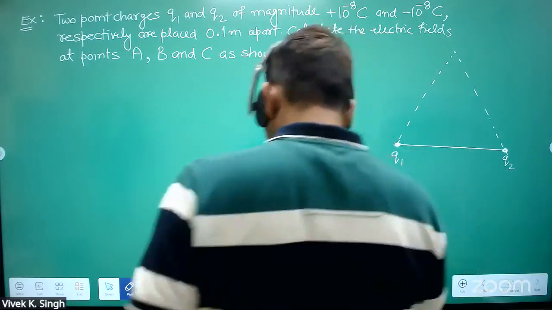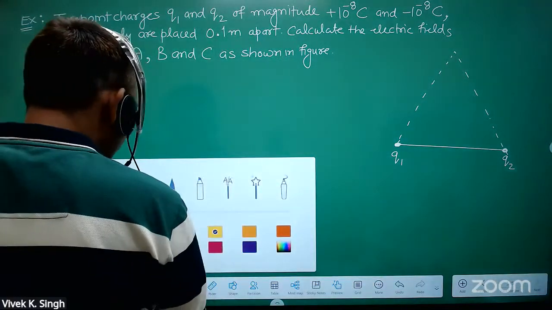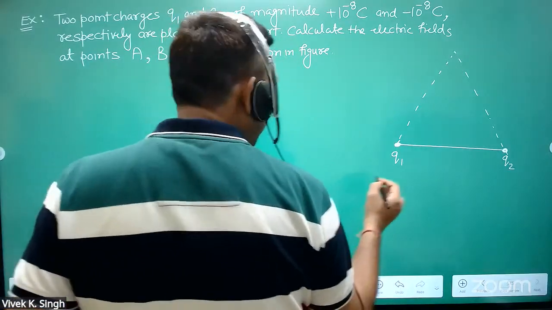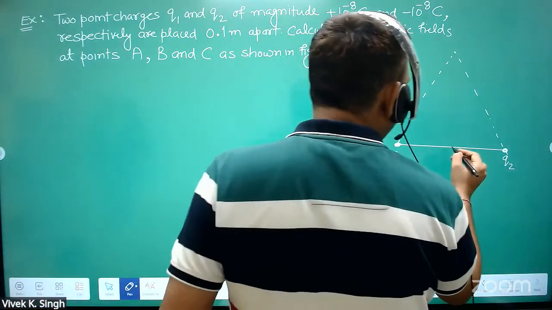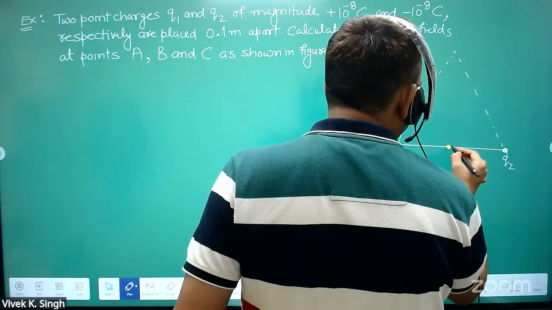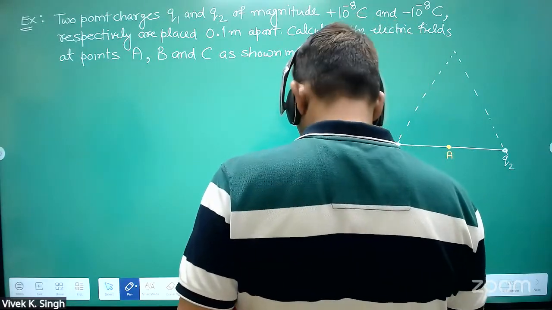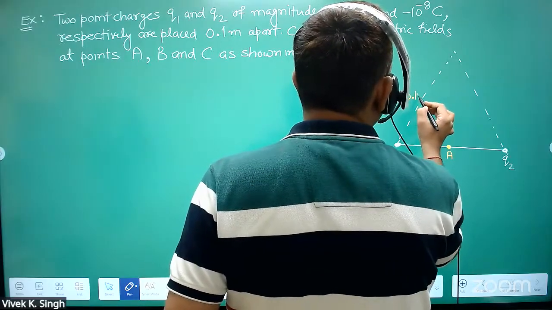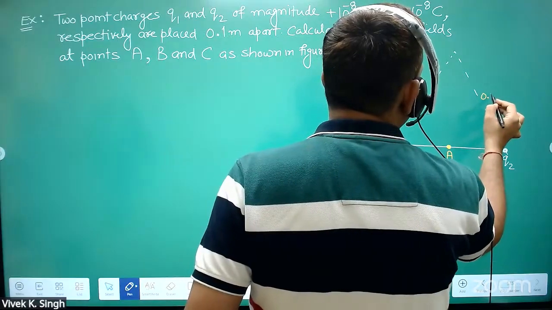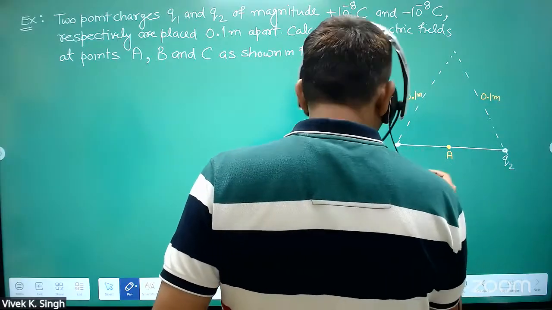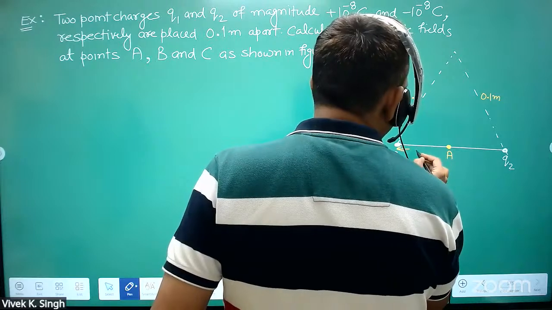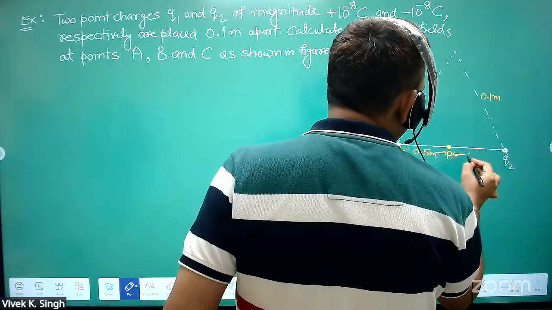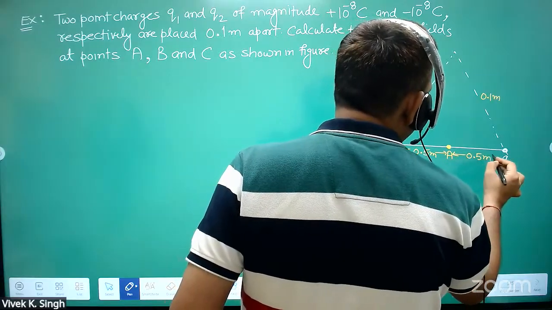And the points are: one point is A. This point is A, and this is 0.1 meter. This is also 0.1 meter, and this will be 0.5 meter, and this is also 0.5 meter.